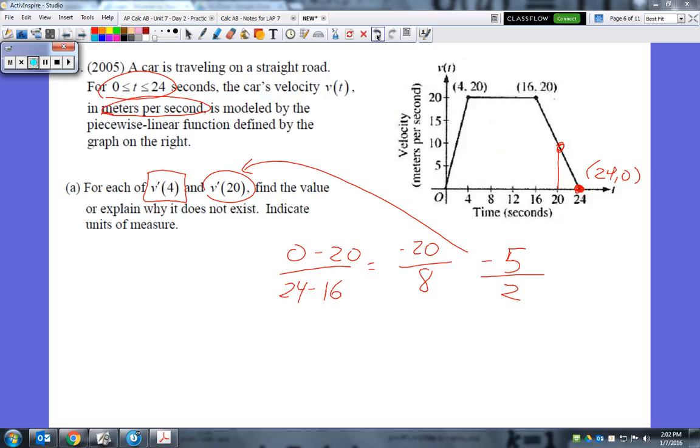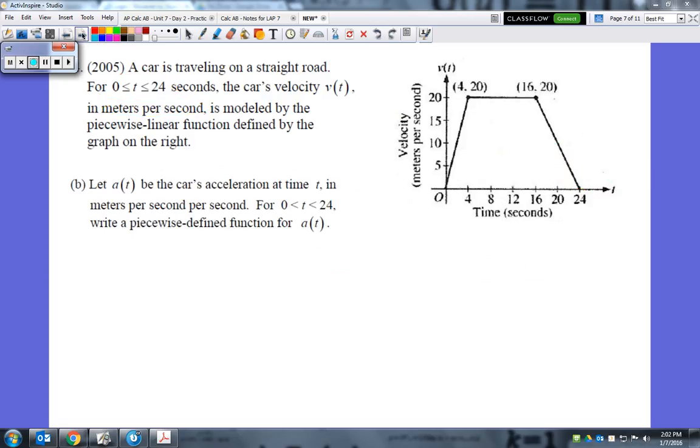Okay? Are we good? Alright, so let's go for this one. Let me ask you this. If this is a velocity graph, what's the velocity right at time t equal to 0? The velocity at 0, right?